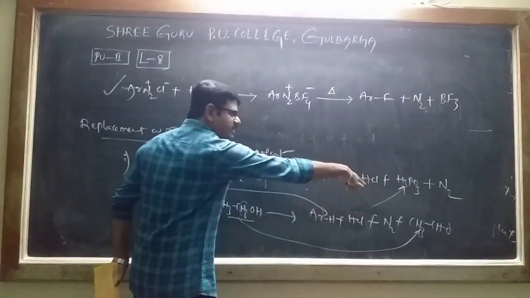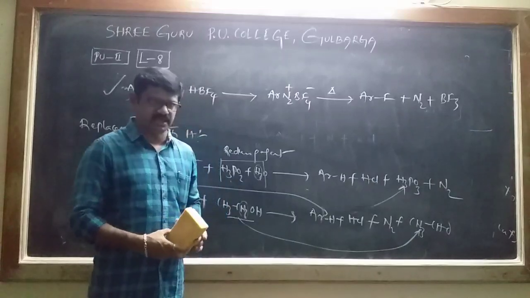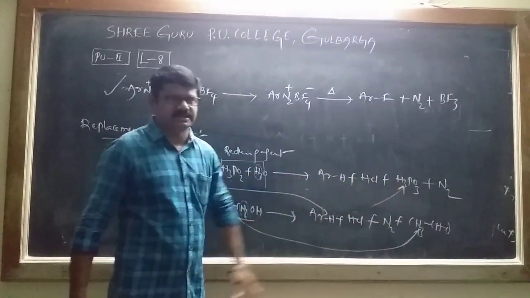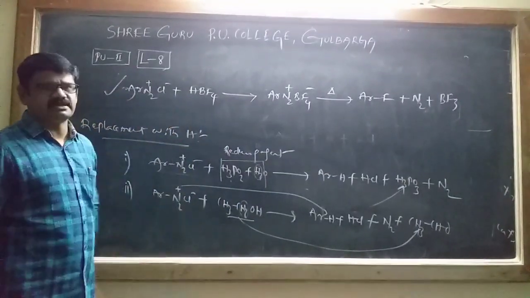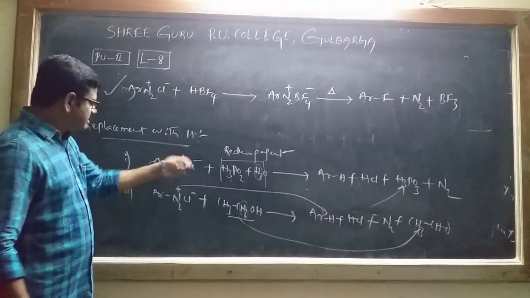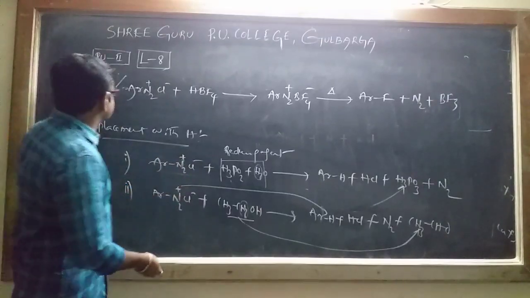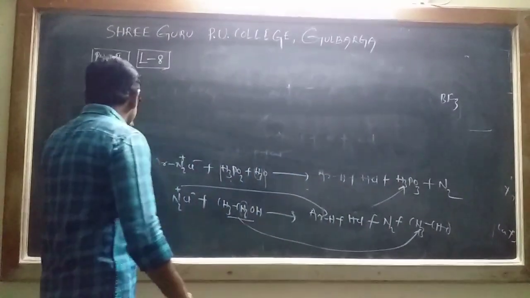Alcohol converted to aldehyde is an oxidation process only. Right, these are the replacements with hydrogen, meaning in place of the diazo group, hydrogen comes and substitutes.